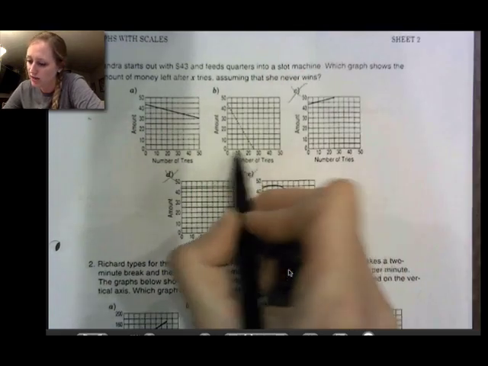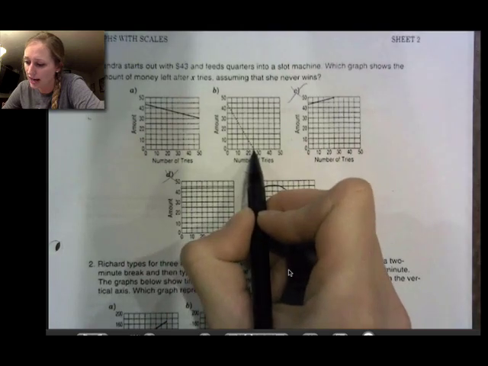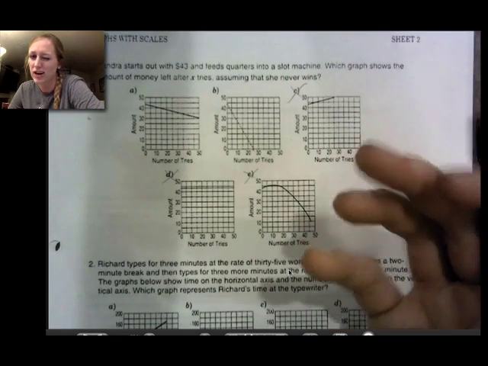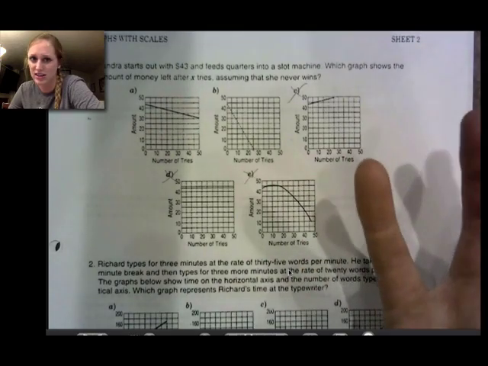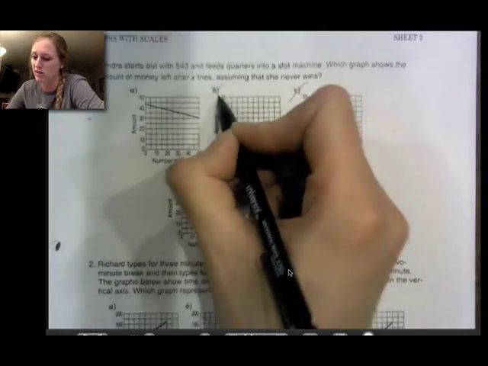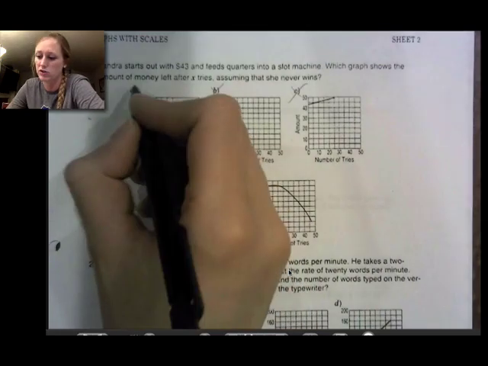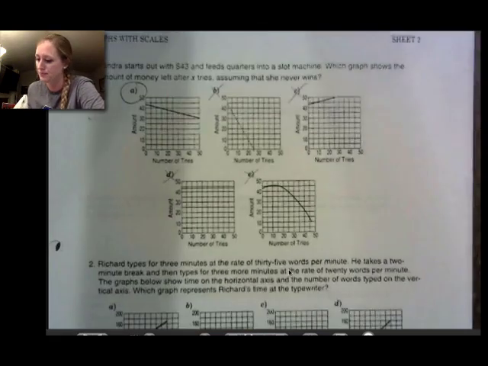So you can also think of it after 25 tries, she's lost all $43. Well, 25 tries or 25 quarters is not the same as $43, so that's not going to be that one. So that's how you kind of tell the difference between these two, because both of them show her losing money, but how fast. So that's where we really want to look at the numbers on the graph. So A is going to be the best fit.